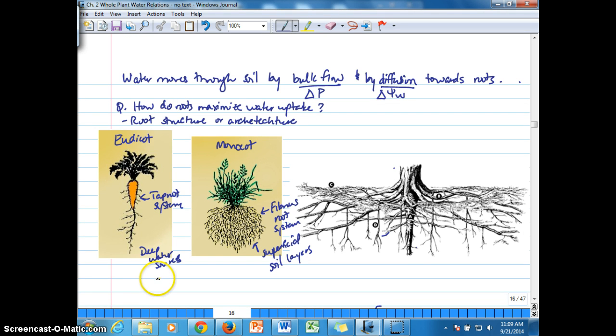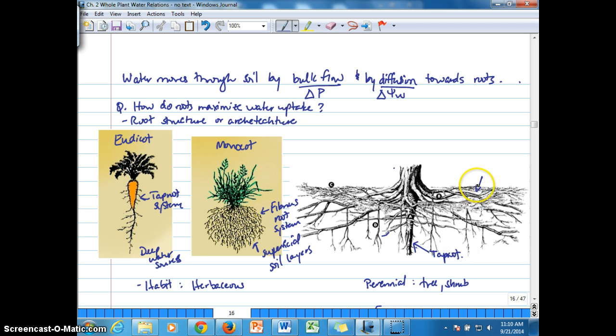Now, we could also see how roots maximize water uptake based on root structure because of their plant habit. So these are more herbaceous plants here that we're looking at, versus a perennial plant that we see here, for example a tree or a shrub, something that's more long-lived, living longer than at least 2 seasons. So in this case you see a variety of roots that are going to access different sources of water. Here again we have a tap root for deeper sources of water.